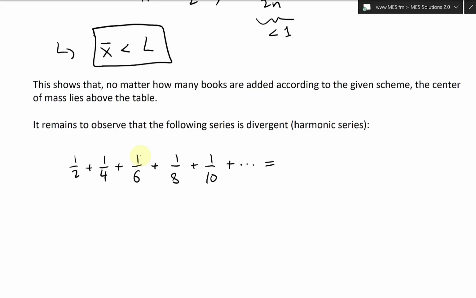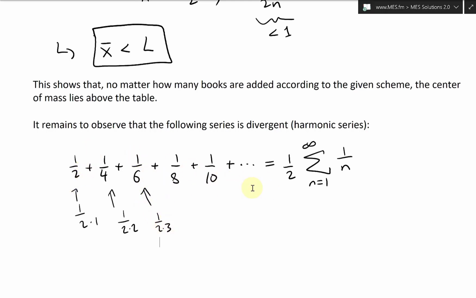If you factor out 1/2, we get 1/2 times the sum up to infinity, starting from n equals 1, of 1/n. Initially, this one is 1/2 times 1. This next one is 1 over 2 times 2. Next one, 1 over 2 times 3, etc. And it keeps going on and on.